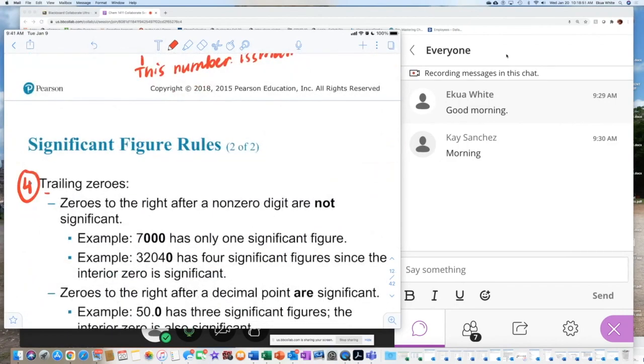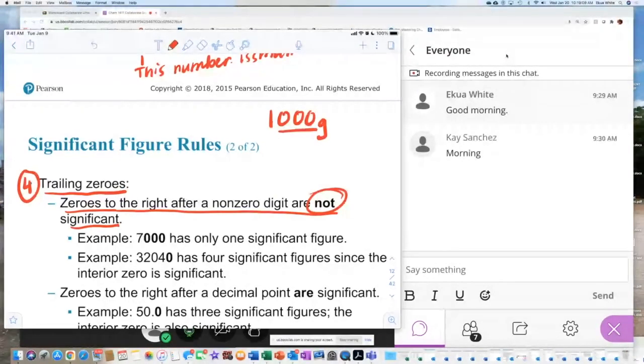Trailing zeros. These are zeros to the right after a non-zero digit, and they're not significant. Now, context is chemistry. So if we write 1000 grams, just like that, for the purposes of making sure everybody gets the same numbers, that numbers haven't been improperly estimated, these zeros are not significant.